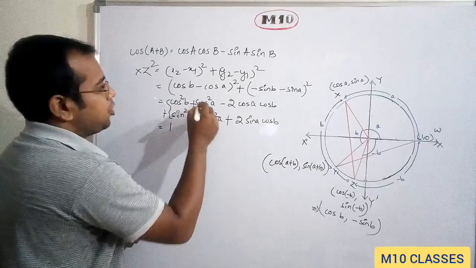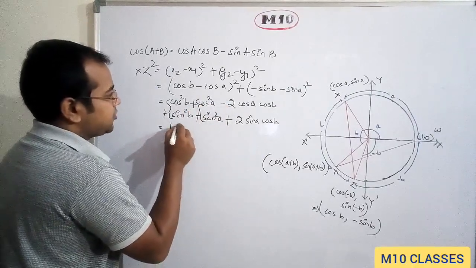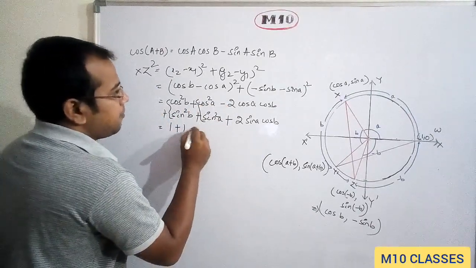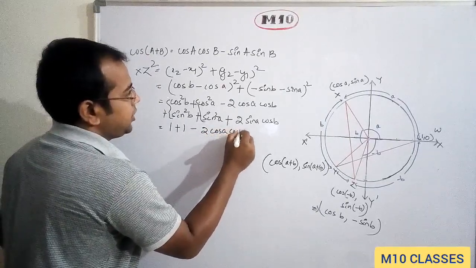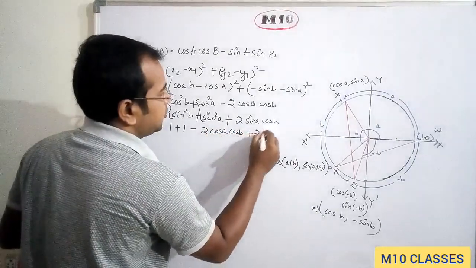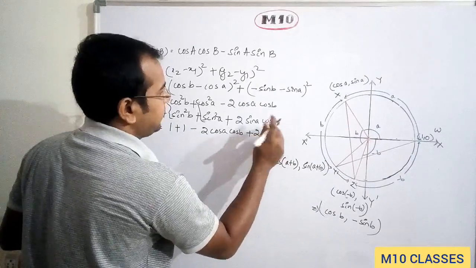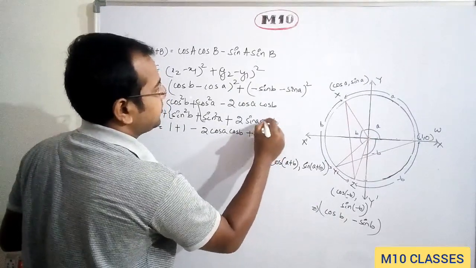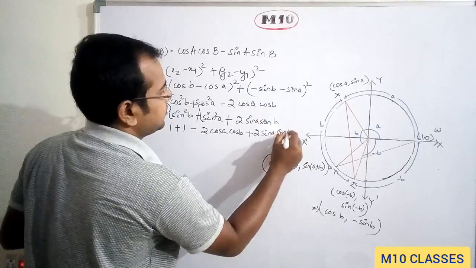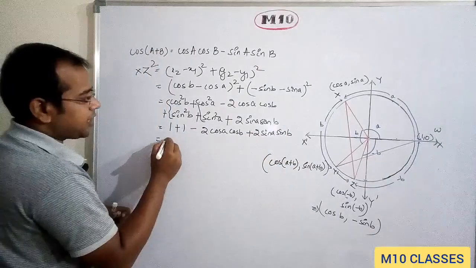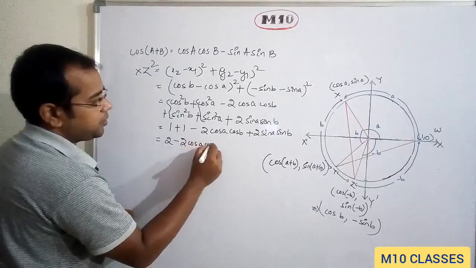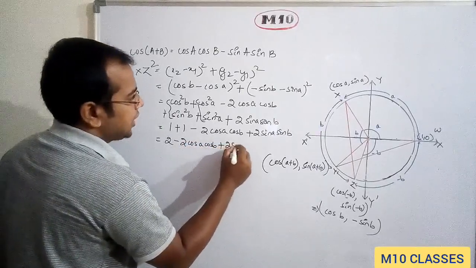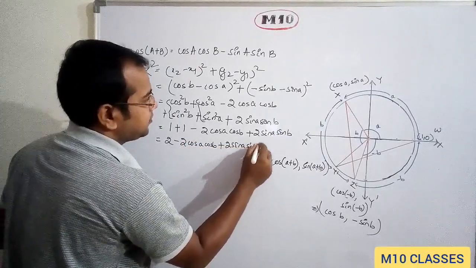For these two, cos square a plus sine square a is 1. So the result is 2 minus 2 cos a cos b plus 2 sine a sine b.